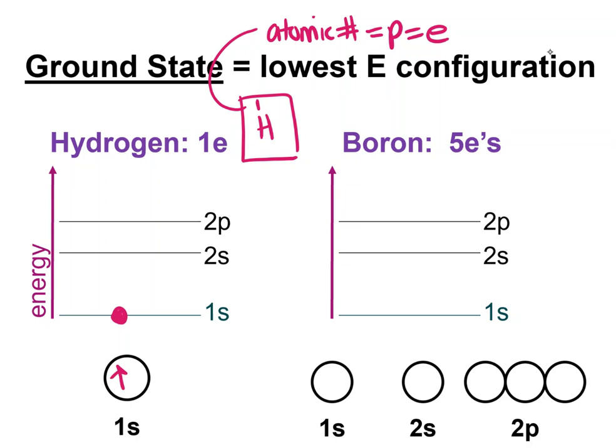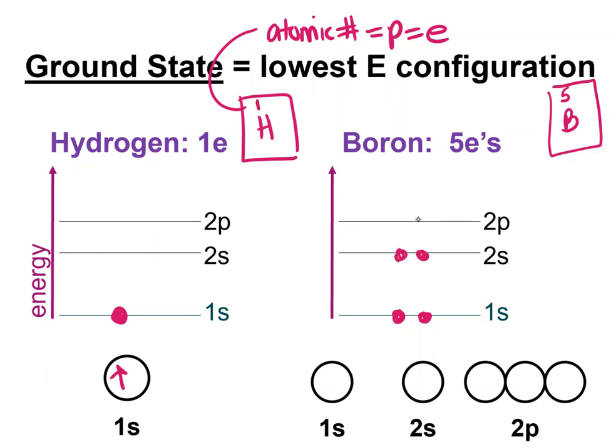Okay, boron, we look on the periodic table, and it's atomic number 5, so 5 electrons. I'm going to start at the first energy level, and the s orbital can hold 2. And then I'll go to the second energy level. The s orbital can hold 2.